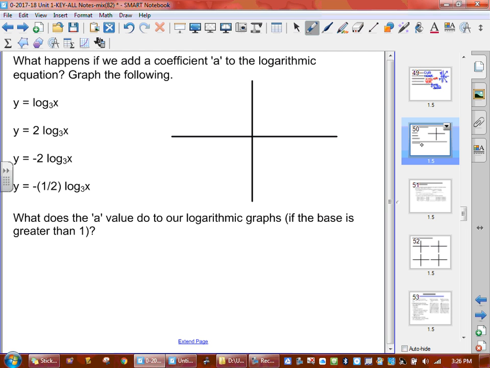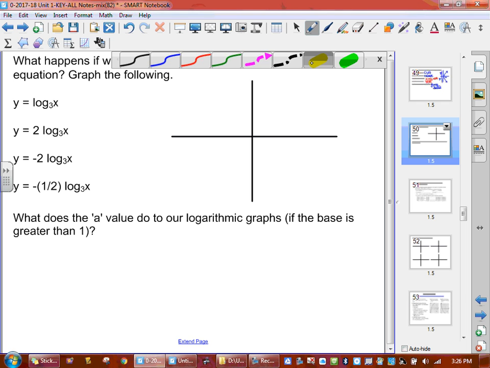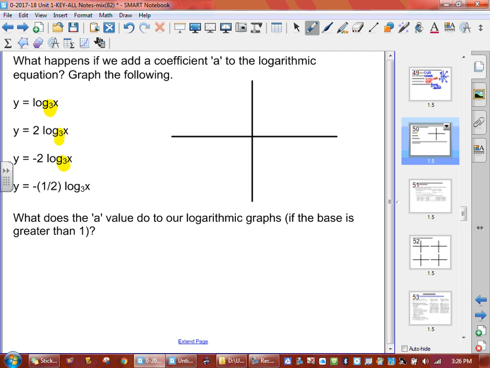Looking at our base here, if our base b is greater than 1, b has to be greater than 1, so since b is greater than 1, then a controls up or down.